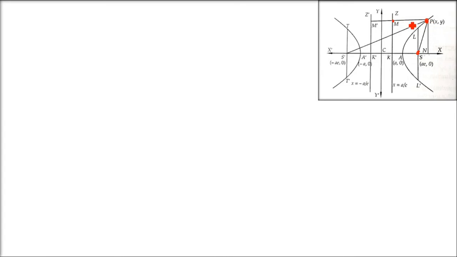So this point P(X, Y), I'm taking its distance from the directrix, which is PM, and the distance of this point from the focus, which is PS. So SP by PM is going to be equal to E. So SP is going to be equal to E into PM. Now we'll square it also. I told you this S point we just got as AE, 0.